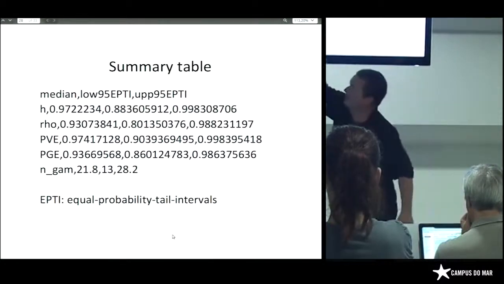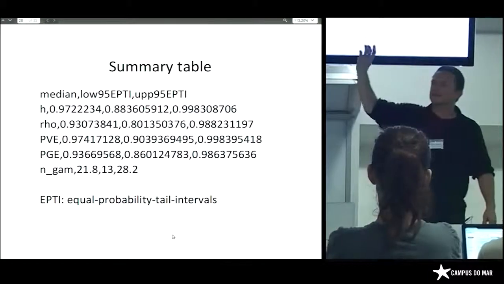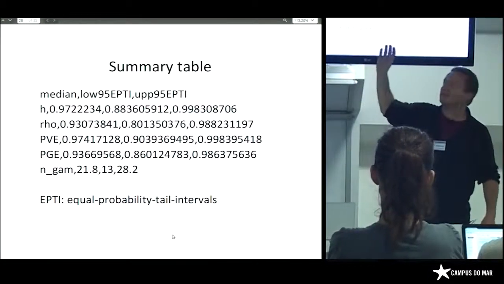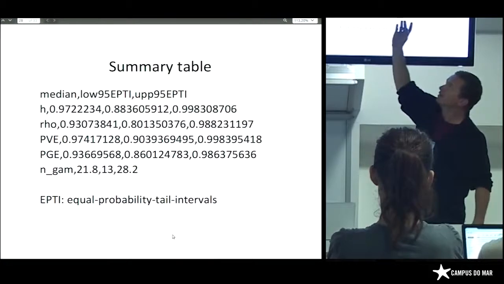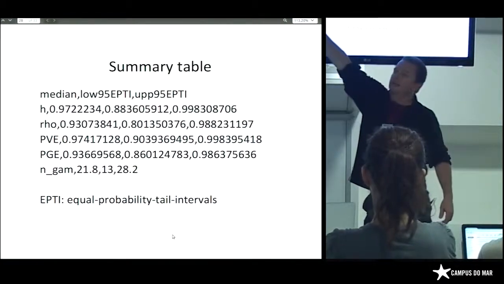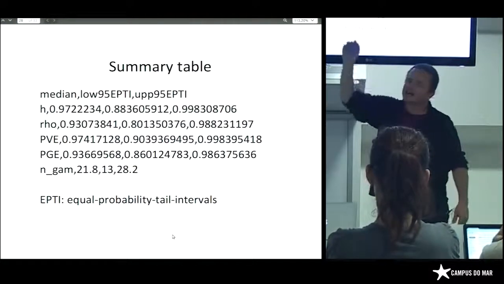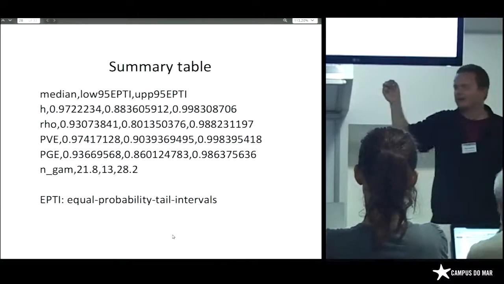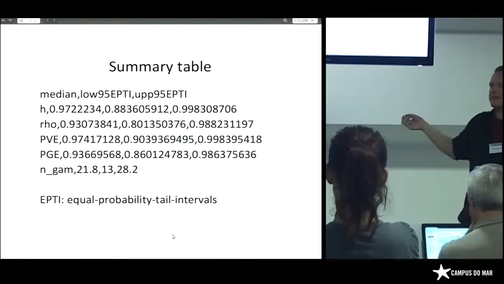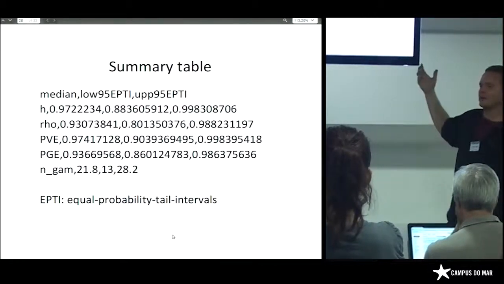The variance we can explain with our SNPs that have large effect and our random effects, our SNPs with no effect, is this value here, the proportion of variance explained, PVE. So this is saying we can explain 97.5% of the variance in our phenotype using these models and these parameters that we've pulled out.